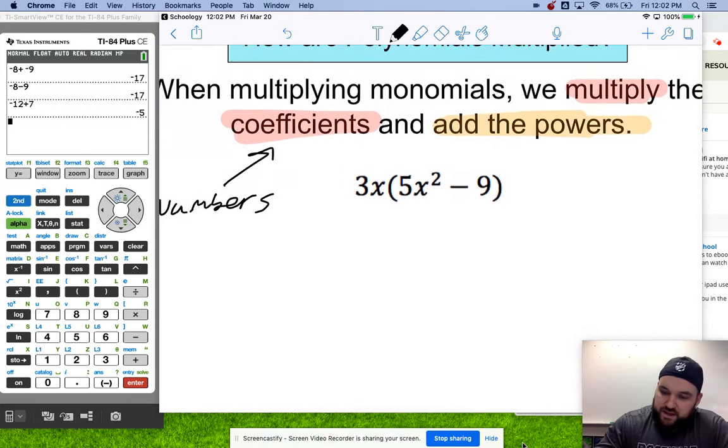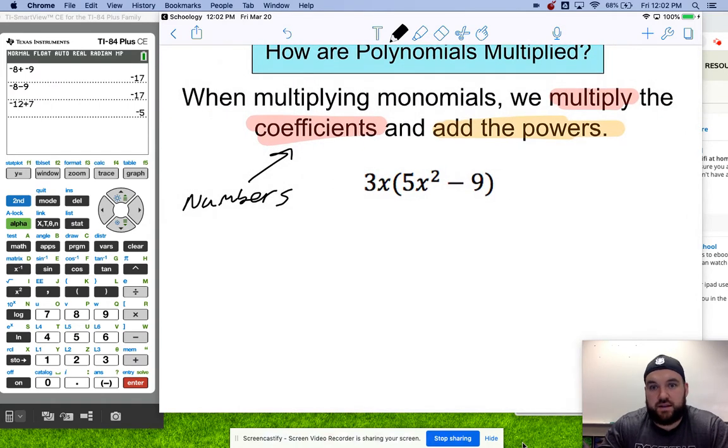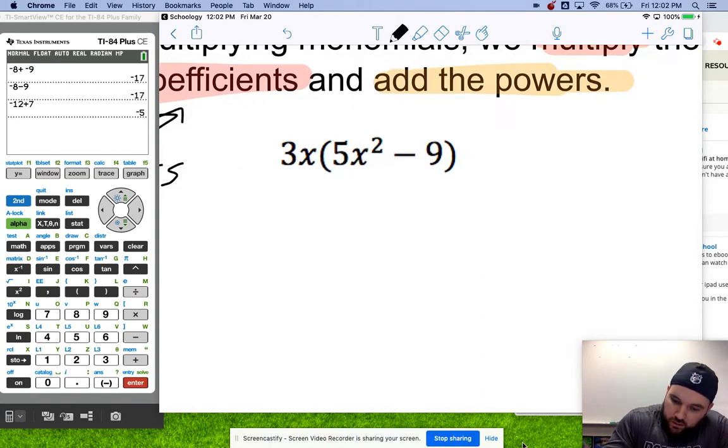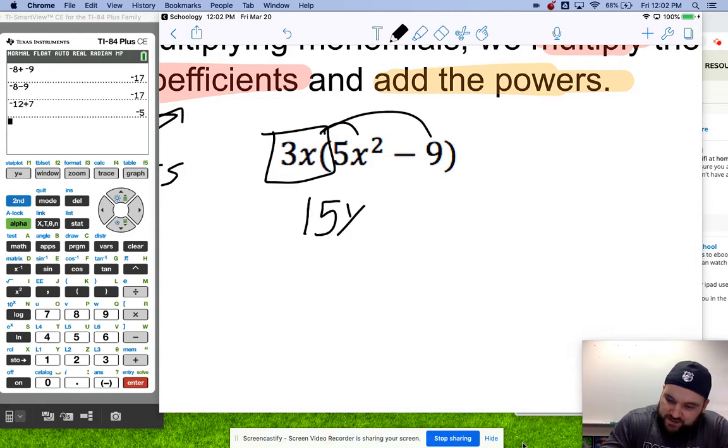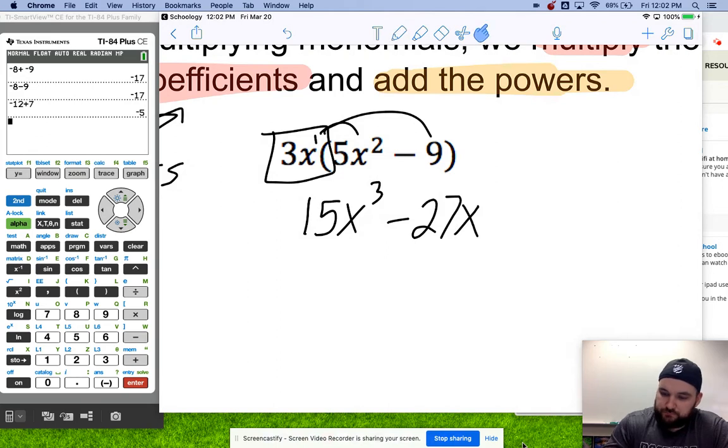So if I wanted to take something like 3x and distribute it to the expression 5x squared minus 9, this would be 15x to the third power, because I have one x and that's multiplying with 2 more x's. And then 3x times minus 9 is going to be minus 27x.